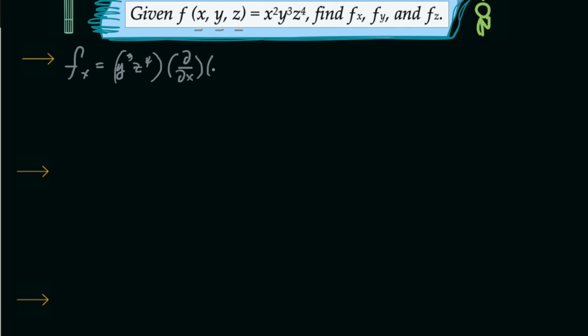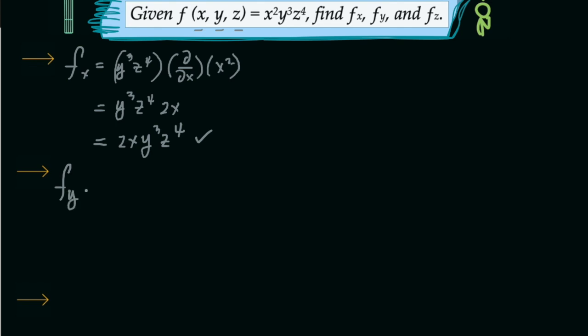What is the partial derivative with respect to x of x squared? The answer will be y cubed z to the fourth times the partial of x squared with respect to x, and that is 2x. So simplifying, we'll have 2x y cubed z to the fourth. This is now the answer for f sub x.